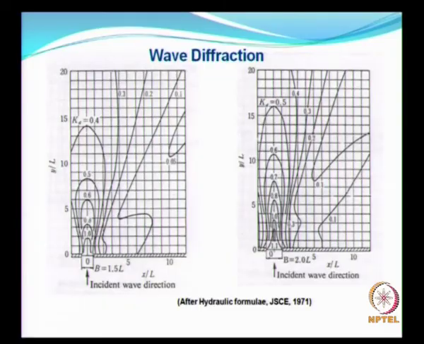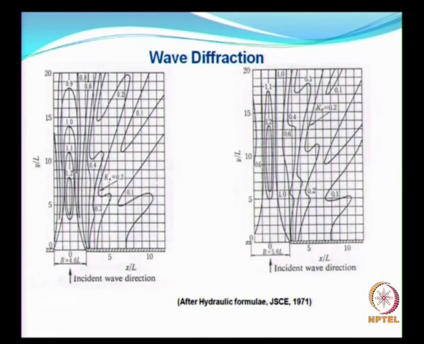So, on the right hand side you see the breakwater gap twice the wavelength. All this disturbance keeps on increasing as the gap increases. So you have 4 times wavelength and 5 times the wavelength, how the disturbance looks like.